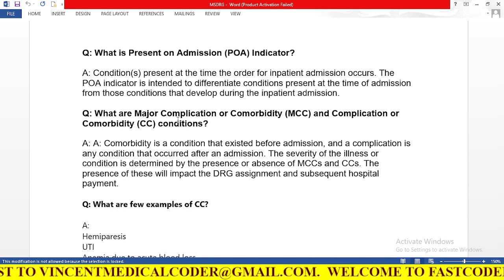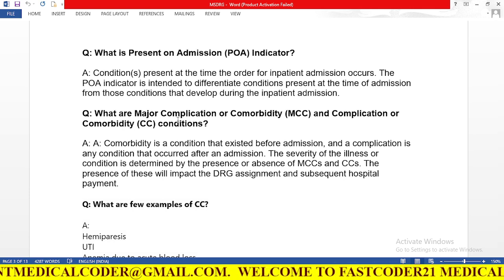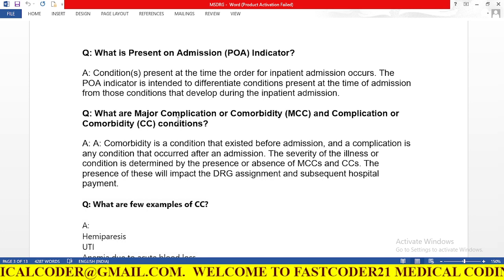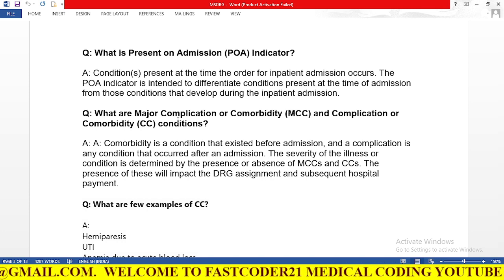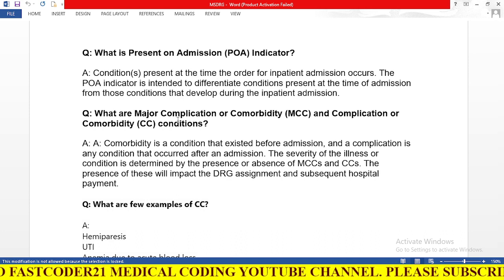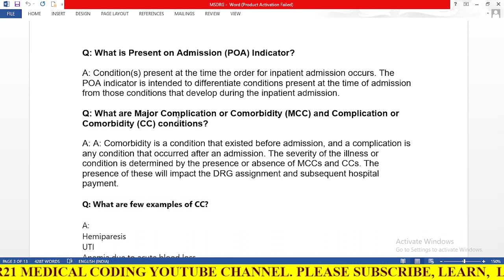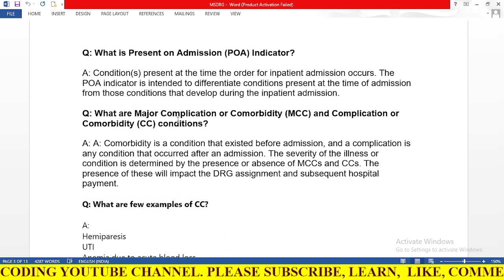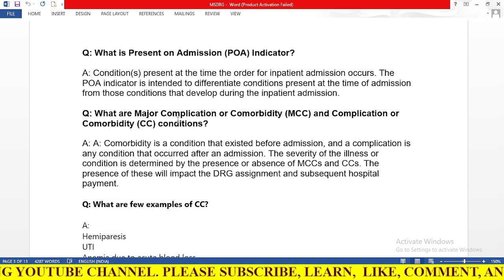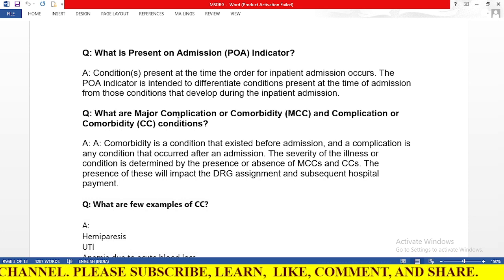So what is the POA indicator and what are its uses? The purpose of the POA indicator is to differentiate between conditions present on admission and those conditions that develop during an inpatient admission. Usually we have four types of POA indicator: status Y, status N, status U and status W. Status Y means the diagnosis was present at the time of inpatient admission.